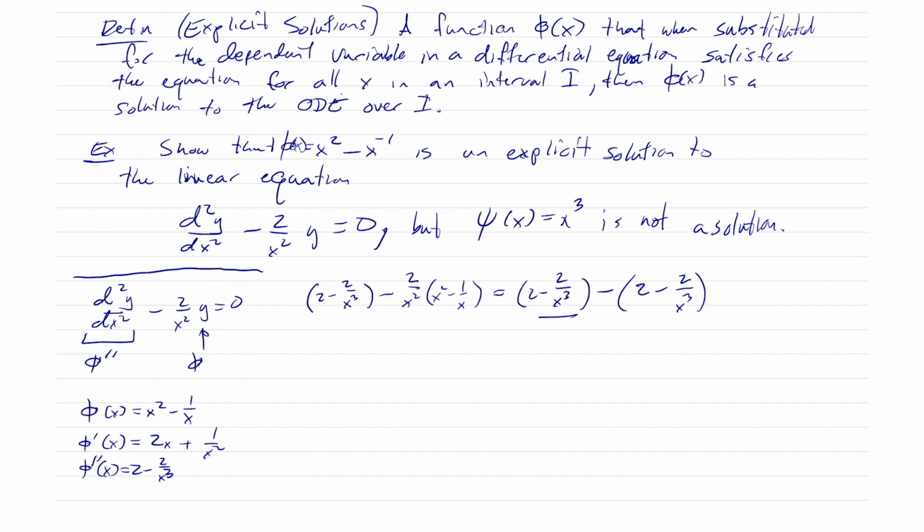All right, well, this term and this term are the same, and we're subtracting them, so guess what? This is 0. Boom, that is the solution. So we say phi satisfies the ODE and is thus an explicit solution.